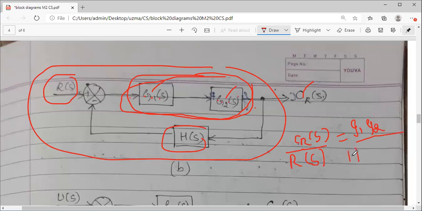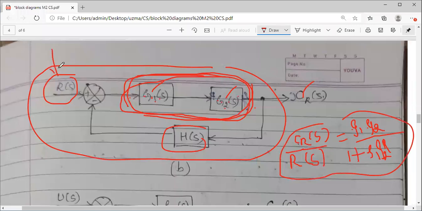Divided by 1 plus, you have to multiply all three: G1, G2 and H. Earlier, for the simple closed loop system, this complete block was replaced with simple G of S. But this time we have G1 and G2. That's why the numerator is G1 into G2. So this is the transfer function.